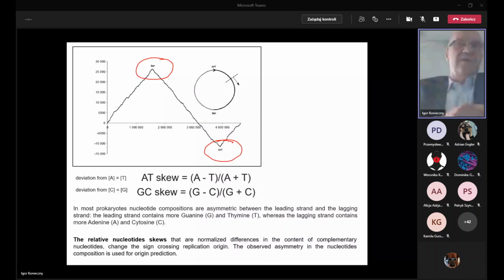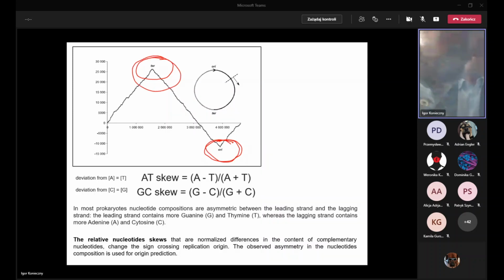And so the relative nucleotide skews, that are normalized differences in the content of complementary nucleotides, change the sign crossing replication origin. So this is just the replication origin and termination. If we would analyze the sequence of circular chromosomes, you will find this asymmetry, and based on this, you can expect the position of replication origin.